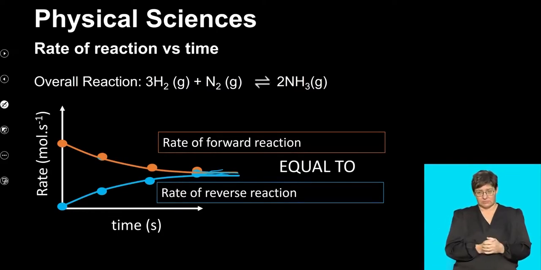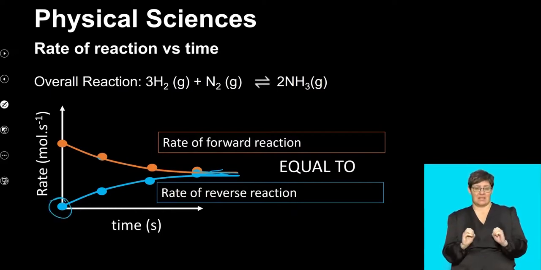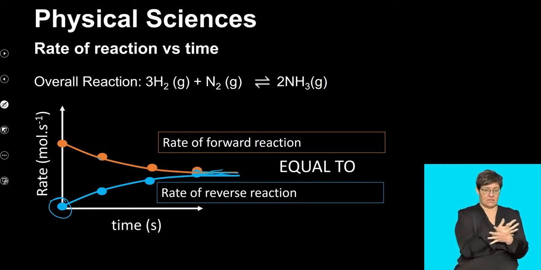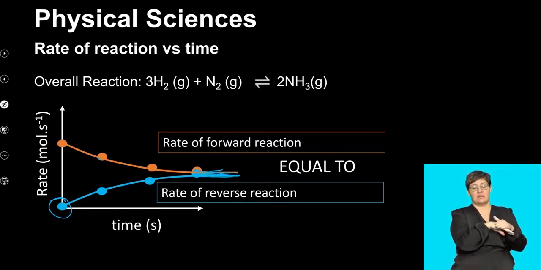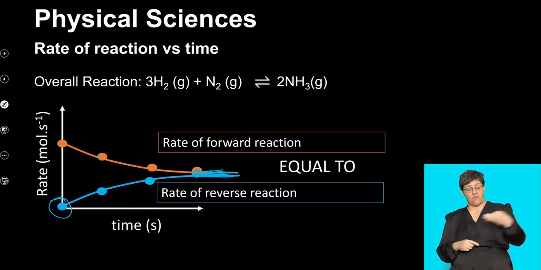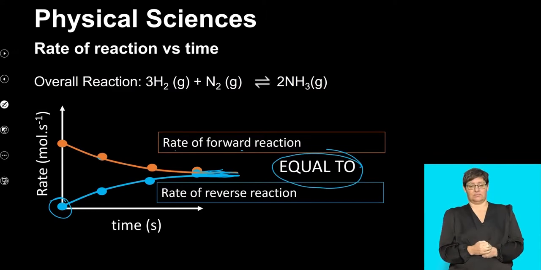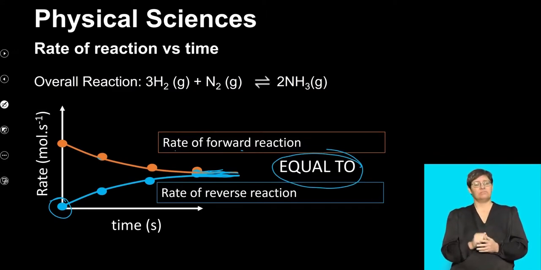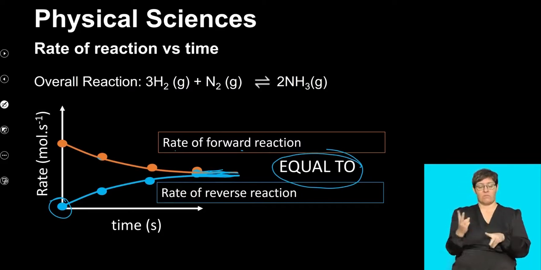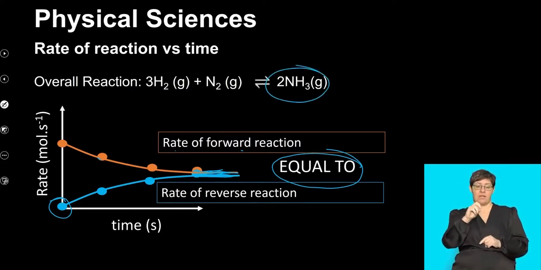For the reverse reaction, at the beginning there's no product, and as soon as it starts to get product, the rate becomes faster and faster until a point where these two lines are basically parallel, and at that point the rate of the forward reaction is equal to the rate of the reverse reaction.